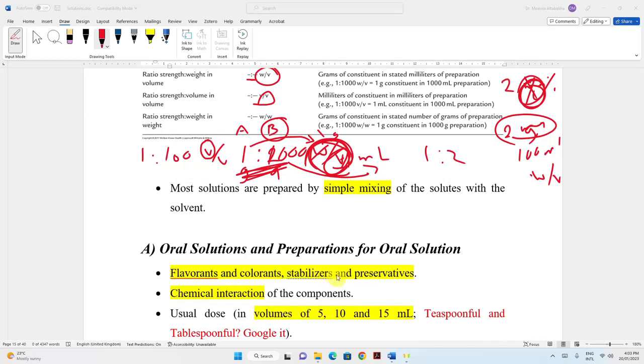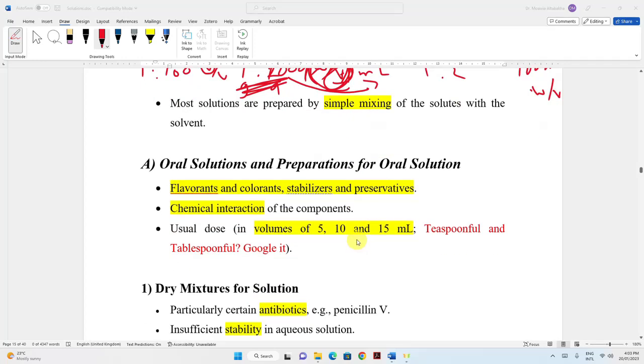Now, for oral solution, we need to be familiar with the constituents of oral liquids, because in many cases they will contain flavorants. Flavors, of course, are desirable in order to make the medicine more attractive to the patient.